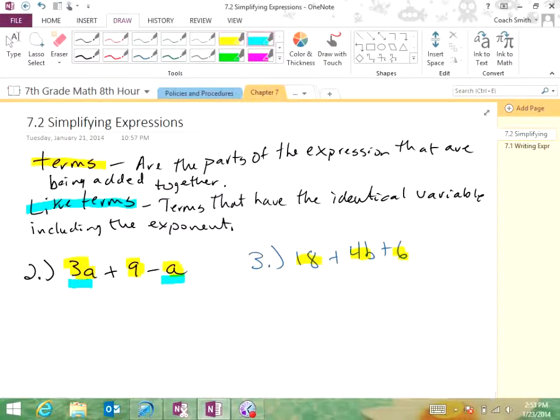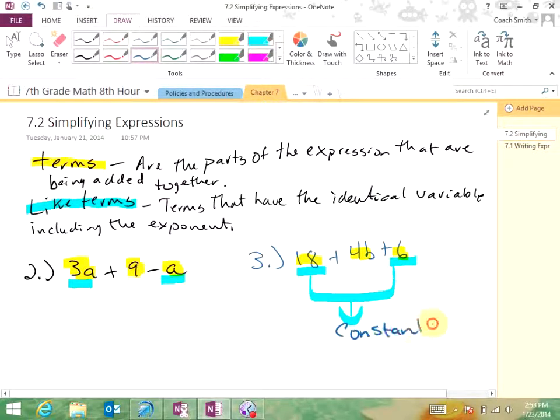The like terms are 18 and 6. We call these two terms constants. Okay, anytime you have a number by itself, not with a variable, it's called a constant.